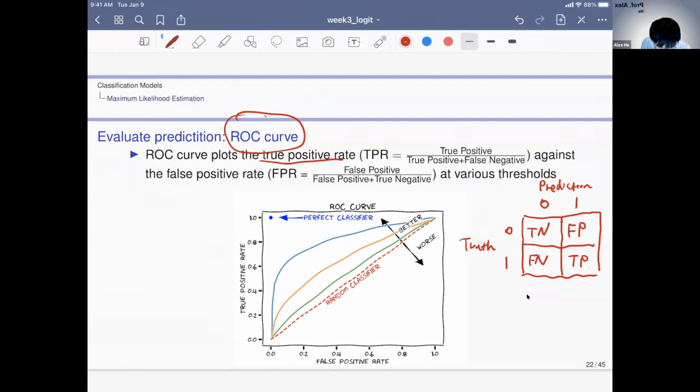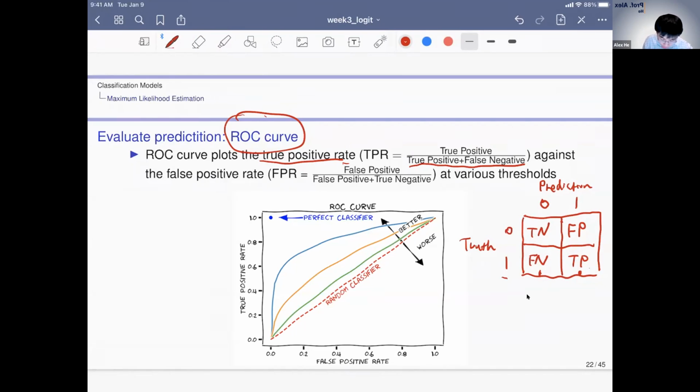The true positive rate is equal to the true positive divided by itself plus the false negative. What that means is, when the truth is positive, what is the probability that you actually find a positive?